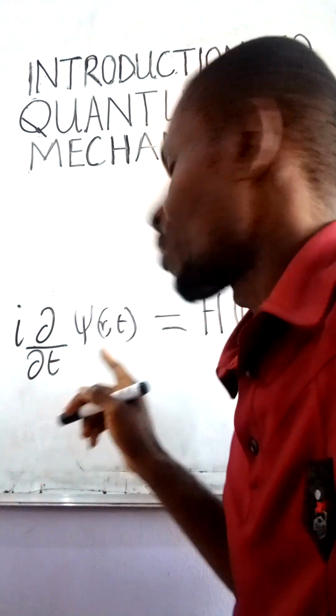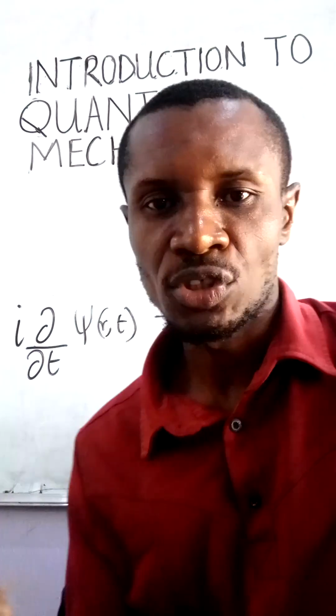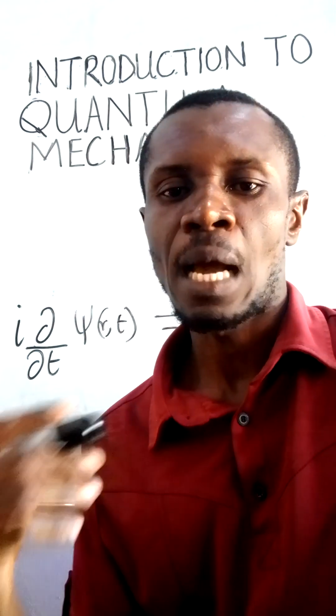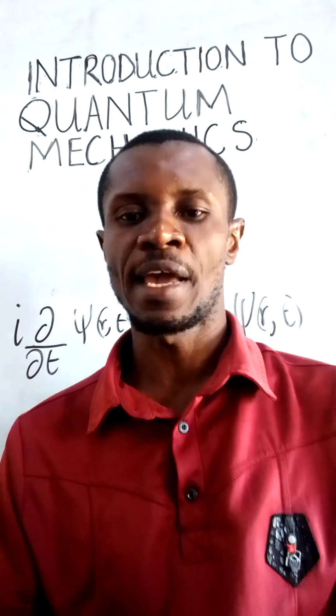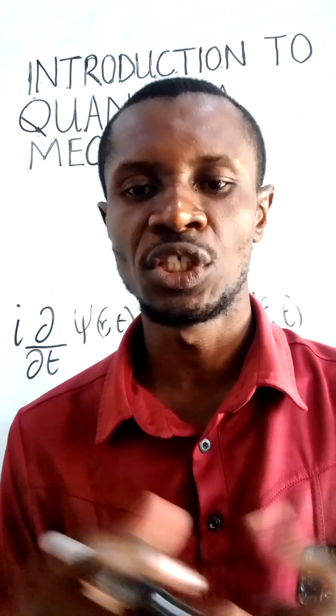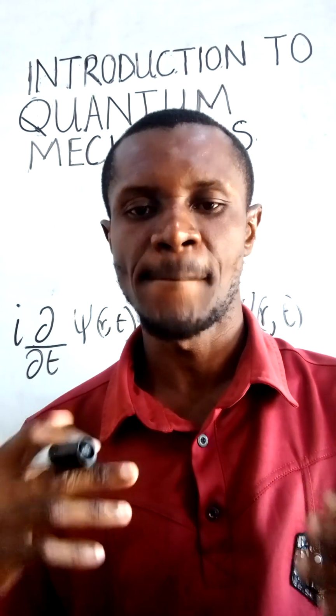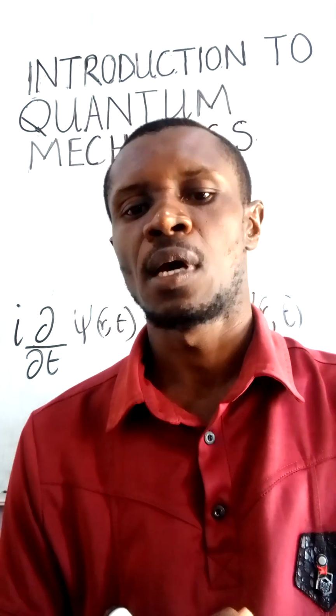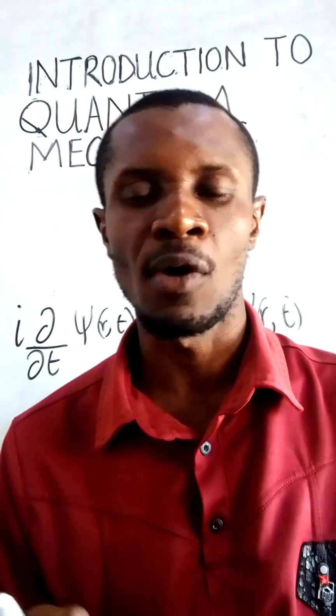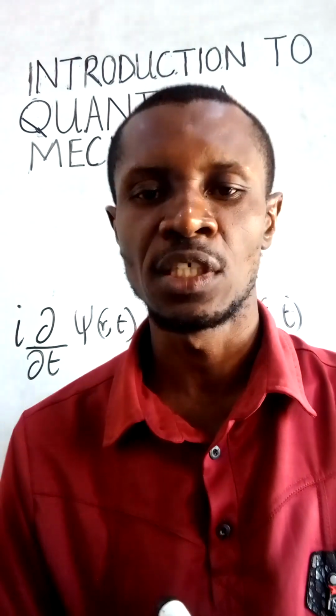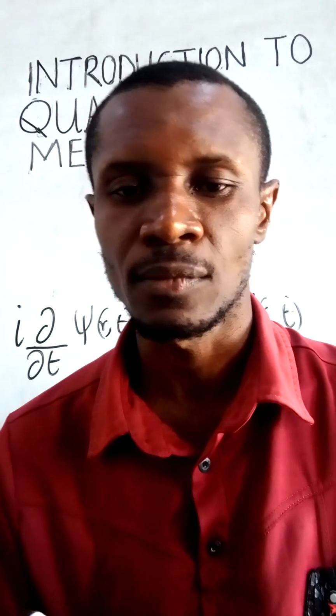The Hamiltonian operator operates on the wave function. Now, the Hamiltonian operator gives the total energy of the particle in question, and this gives us the sum of the potential energy and the kinetic energy.